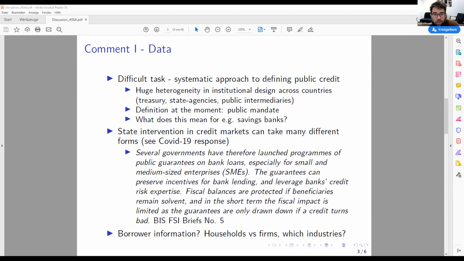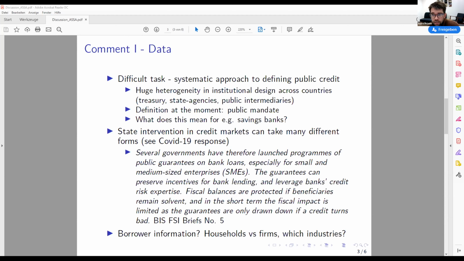In Spain, for example, I know that the government is guaranteeing loans extended by commercial banks. And it's very difficult because these guarantees may not even show up in the balance sheet. So it's very difficult to account for this. Again, just something to remember and think about when creating these series.